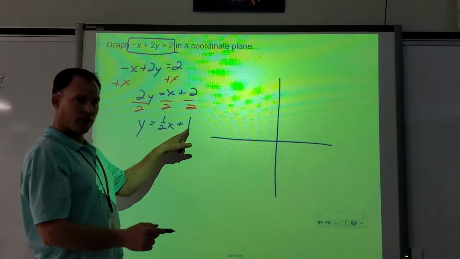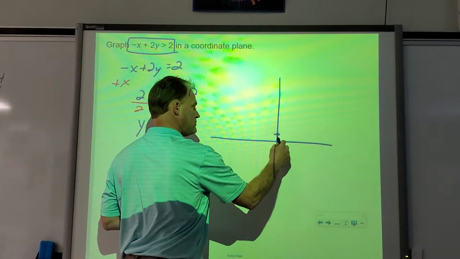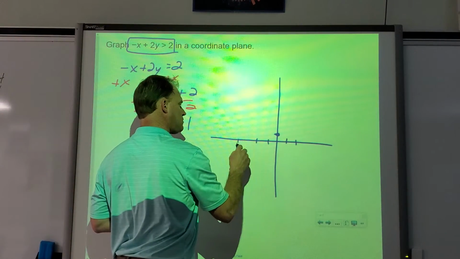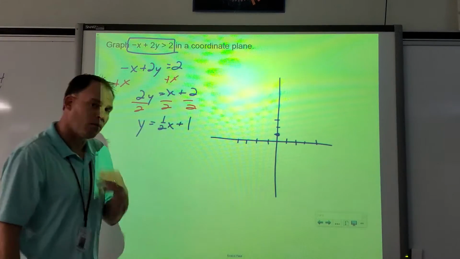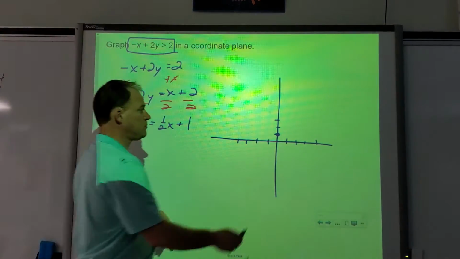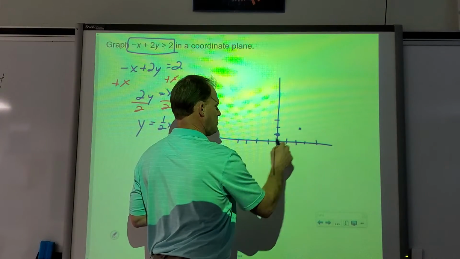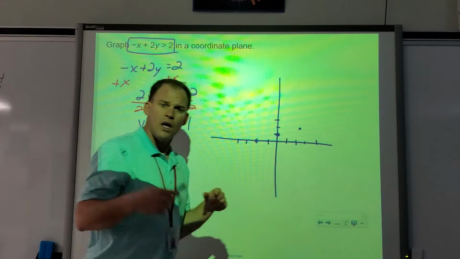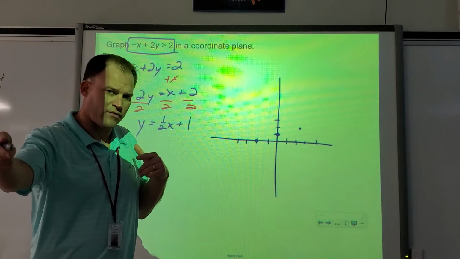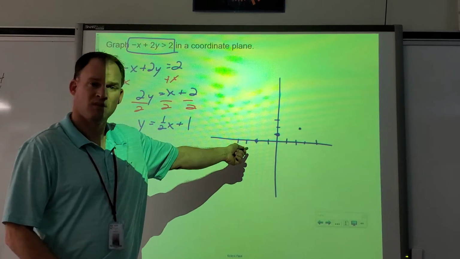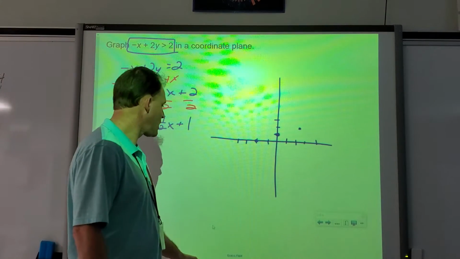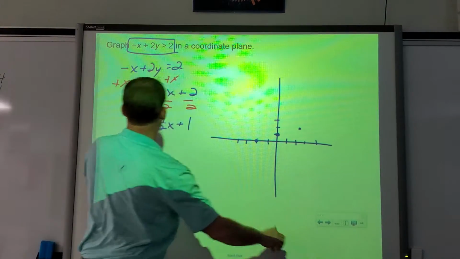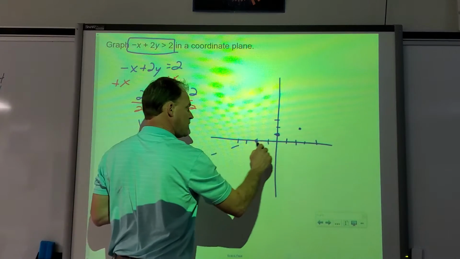What's my y-intercept? What's my slope? Up 1, right 2. Look at the previous graph, the one we already did. It's the same line. Well, it should be. We did the work. Is it solid or dashed? Well, we know it's a dashed line. That didn't change.